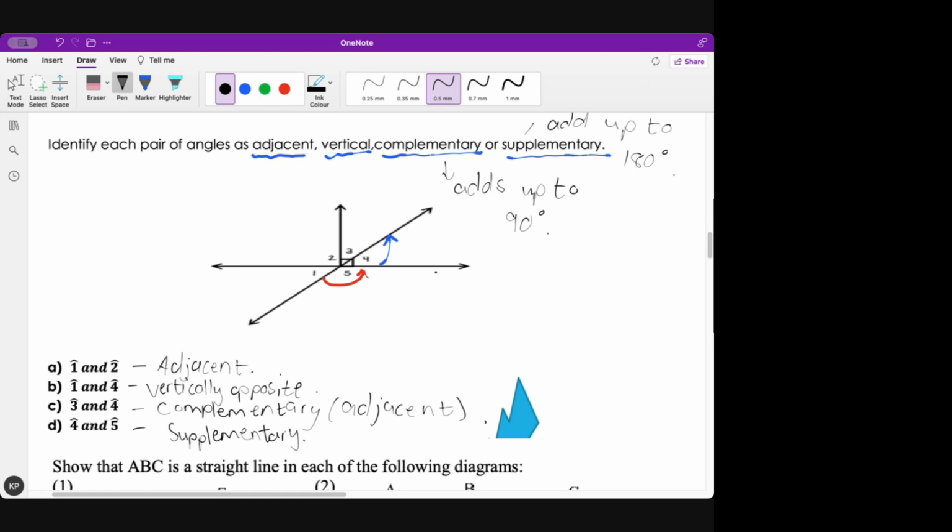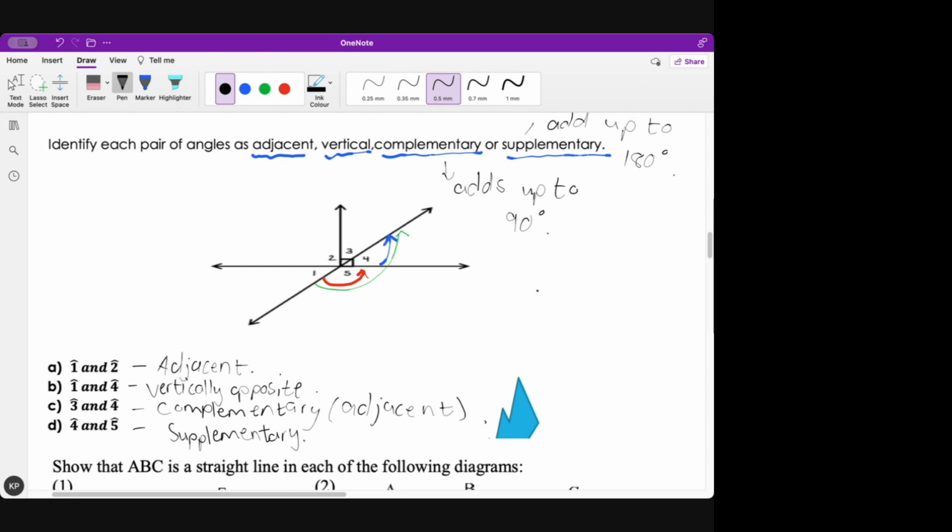How do we know that angle 4 and angle 5, if I do this to show them together, what does that tell us? What type of angle tells us that it adds up to 180 degrees? If you look at 4 and 5 together, they make up what type of angle?